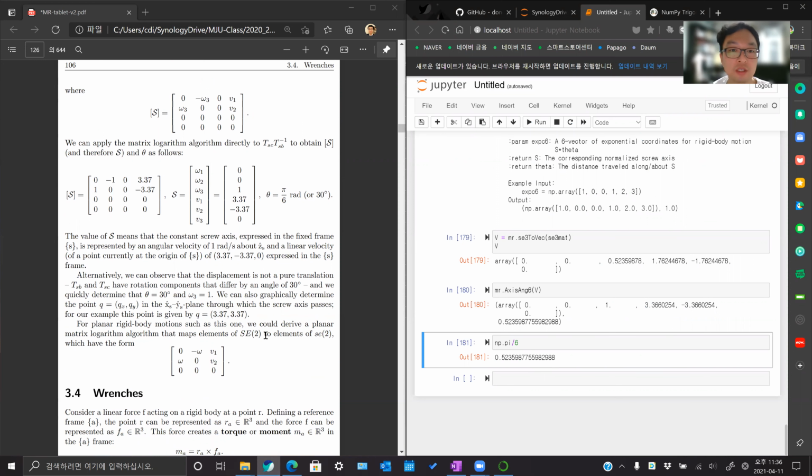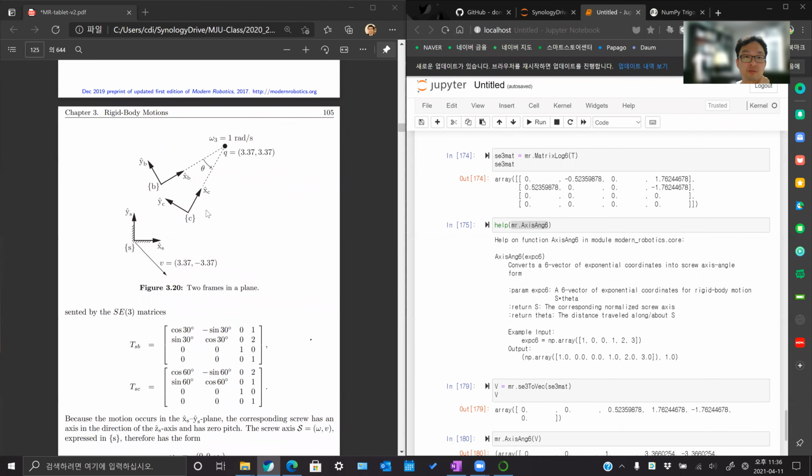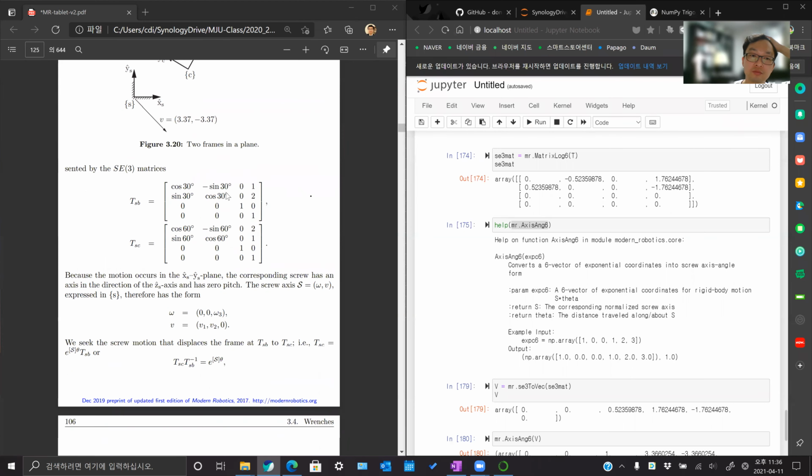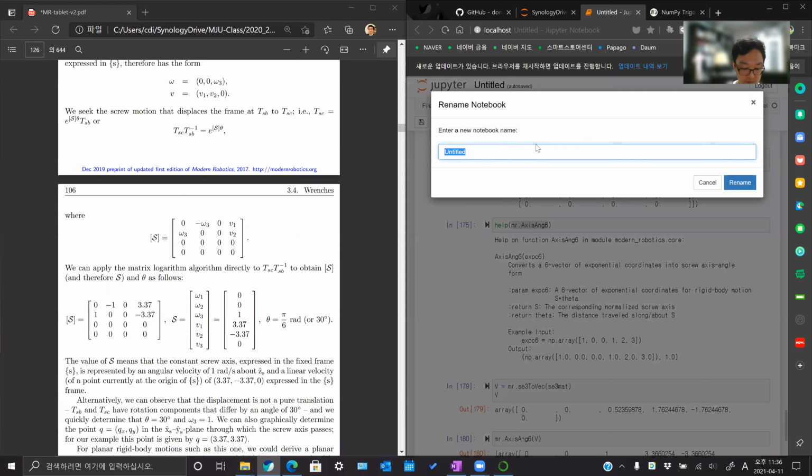So yeah, that's it. This is the meaning of screw motion. In this example, it shows the meaning of the screw motion very well. Okay, that's it. This is an important example on chapter 3.